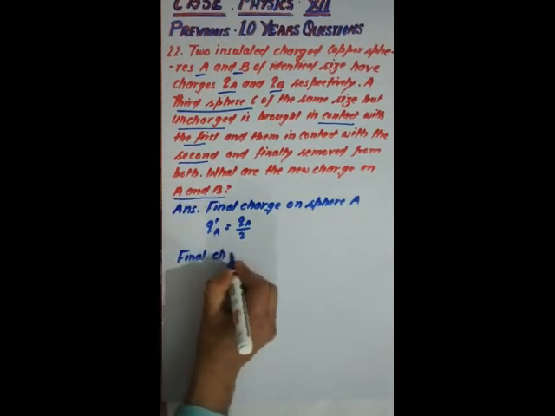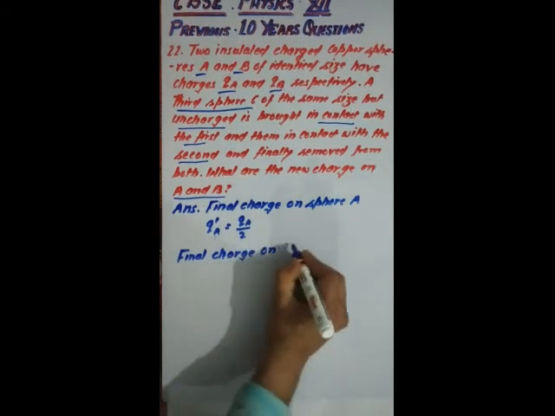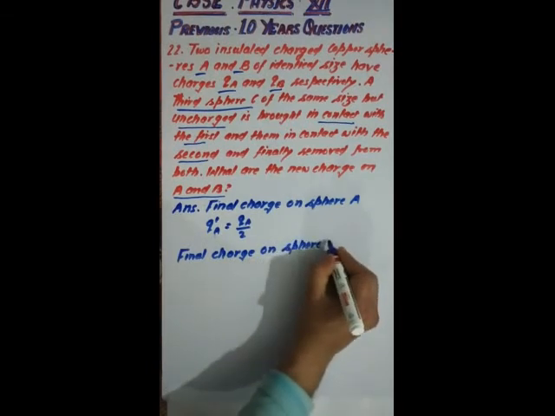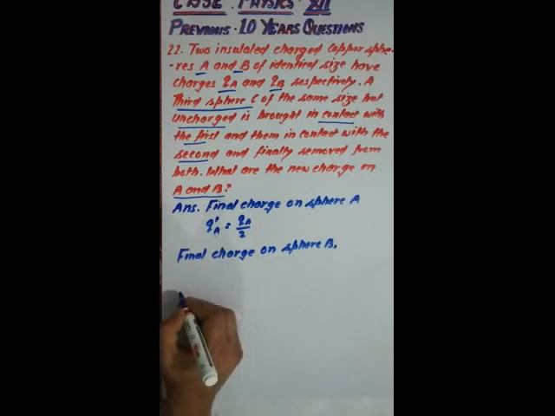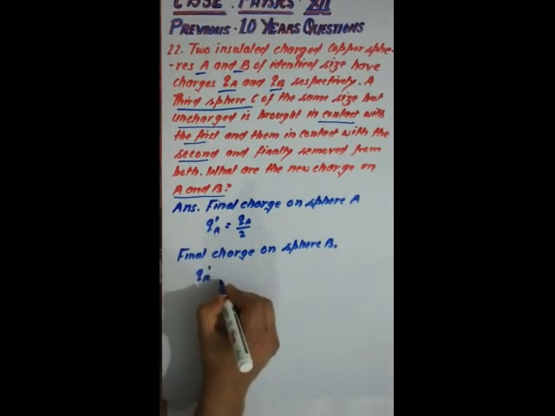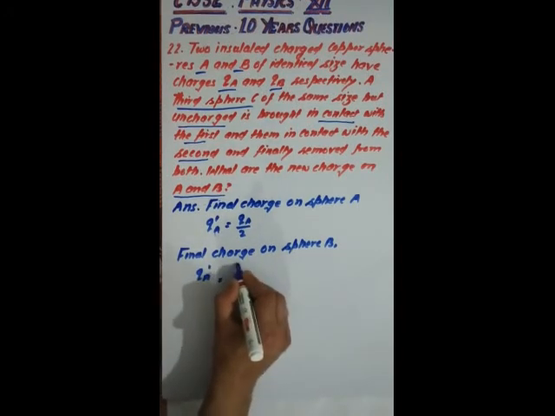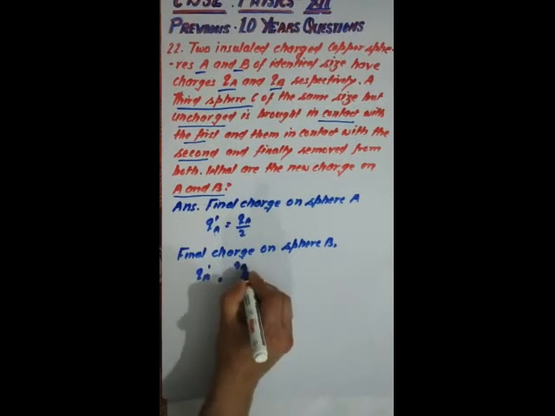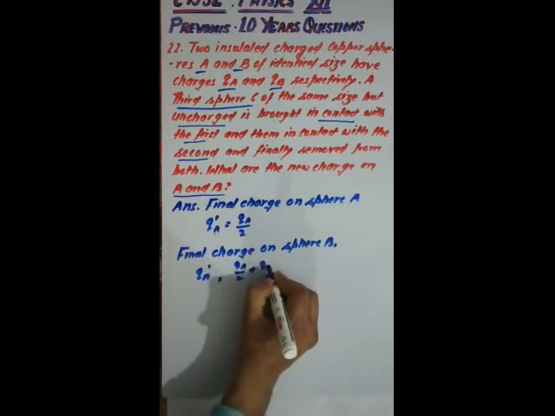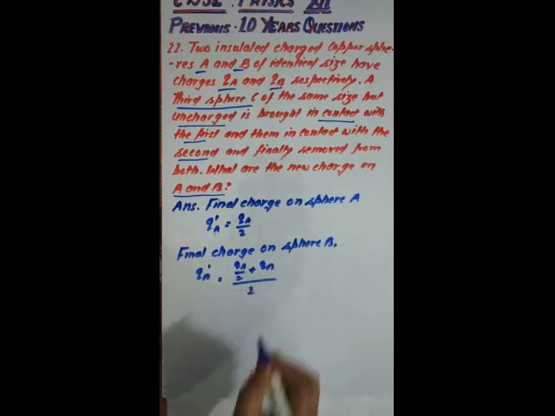Final charge on sphere B: the charge on C will be QA upon 2 plus QB upon 2.